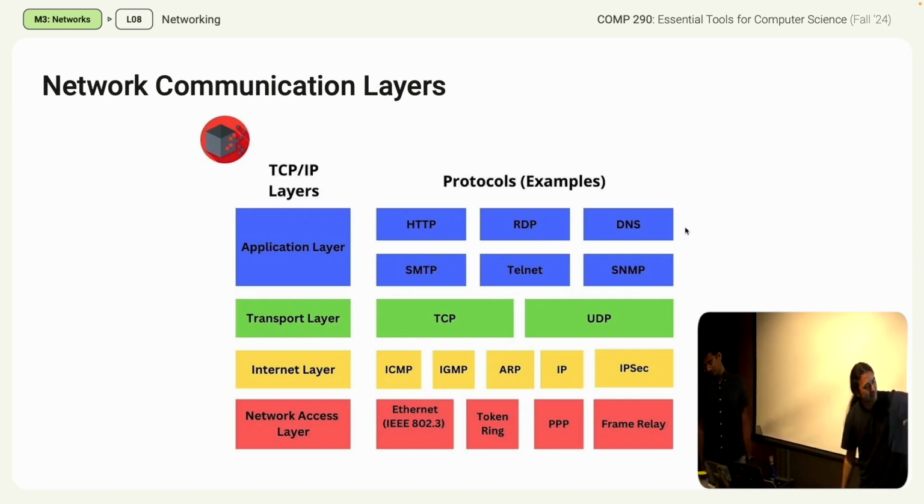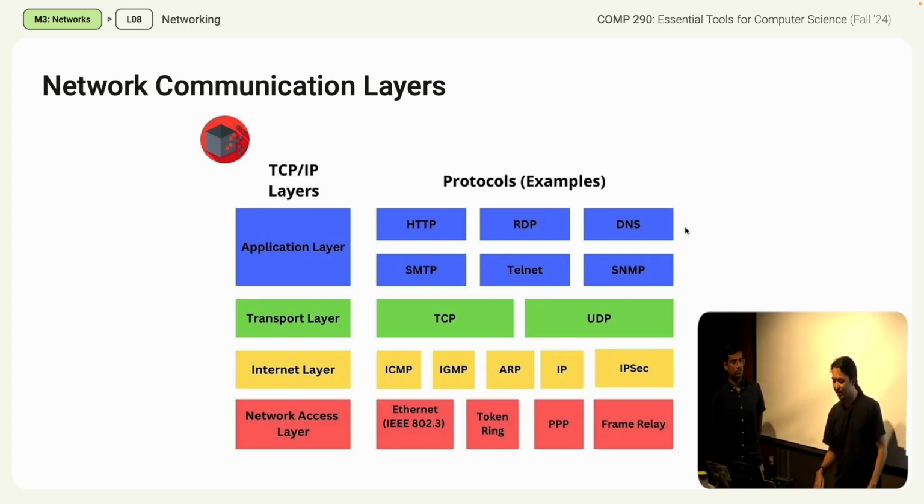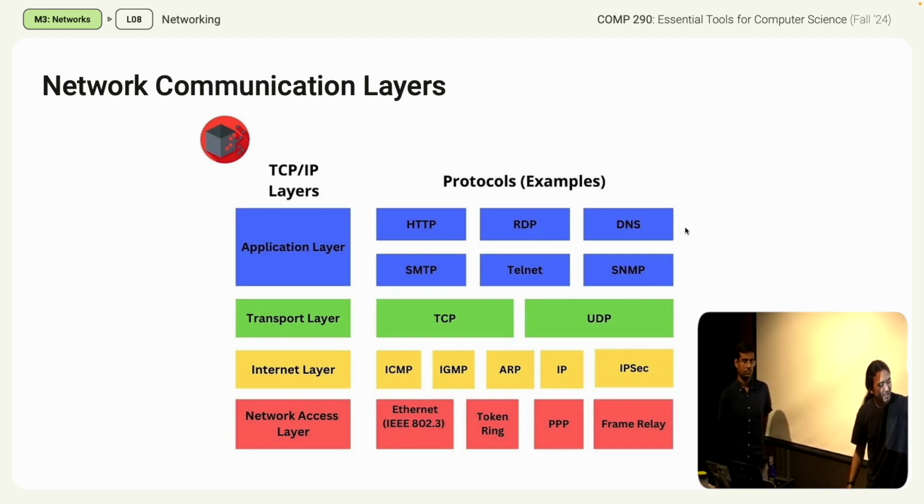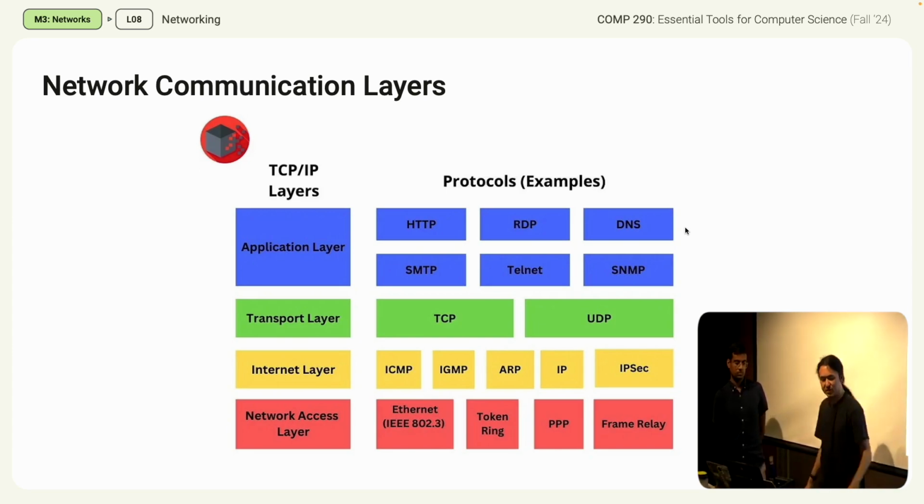And so then the internet layer acts as the address. I address my letter, I put where I want it to go, and I send it. And then the network layer is the actual handling of that. That's the layer below, taking it and physically moving the letter. Each step is a different layer of that process.